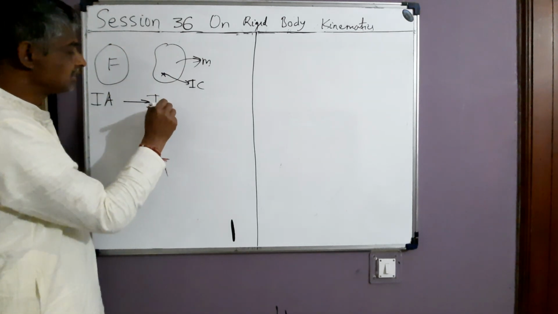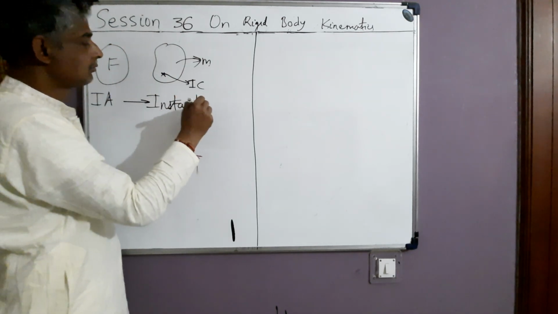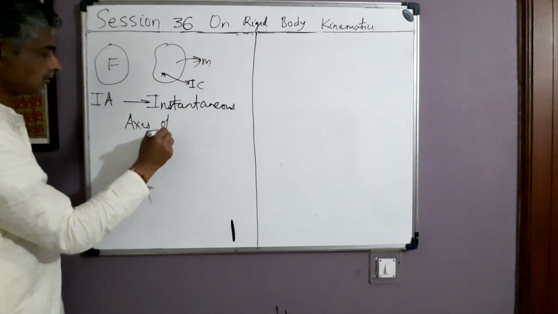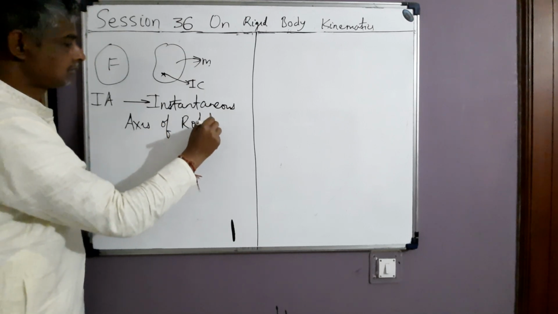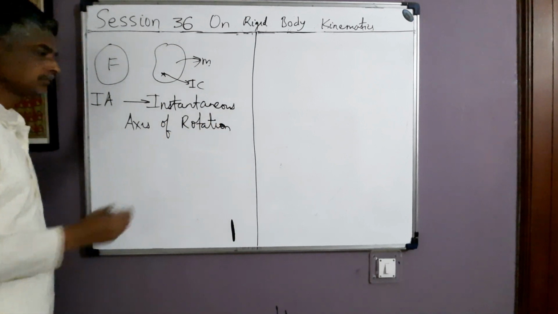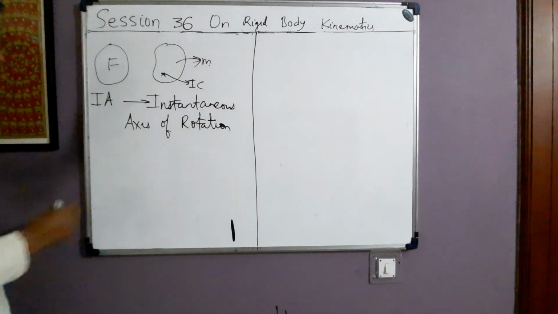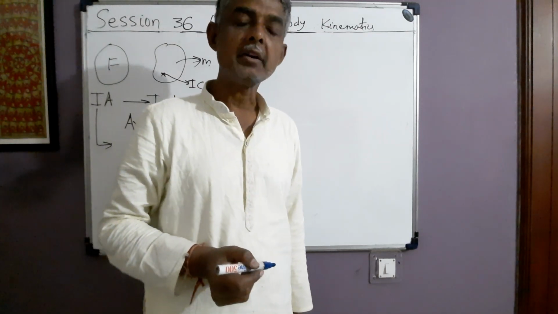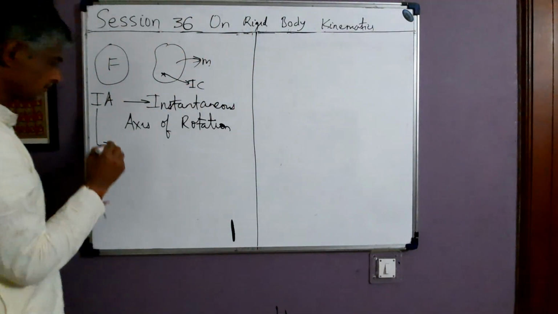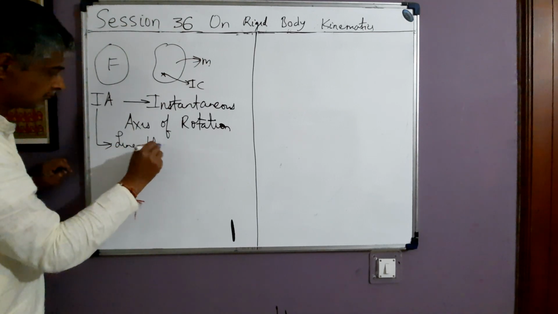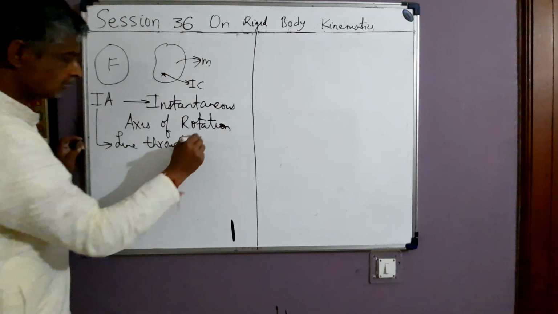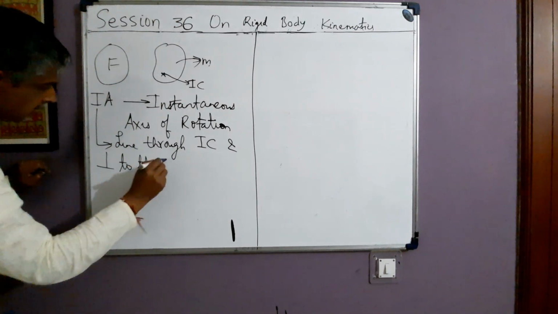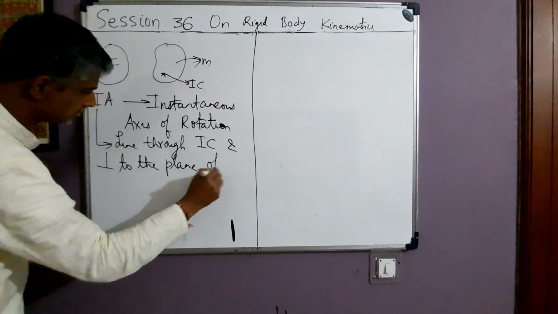It is a line through IC and normal to the plane of rotation, that is, through IC and perpendicular to the plane of rotation.